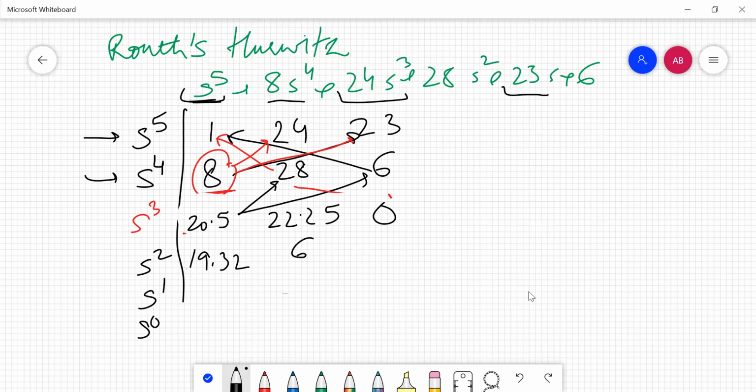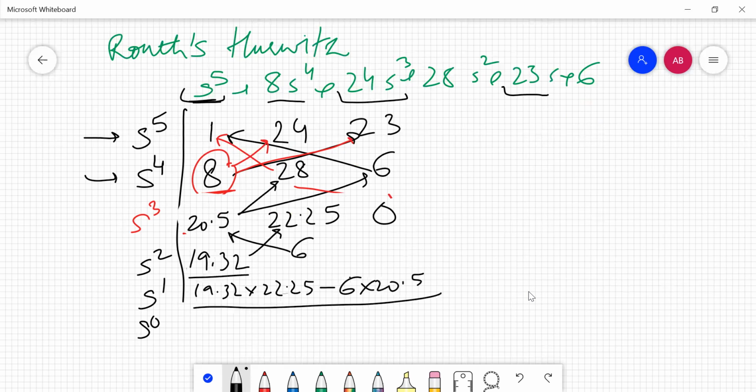So again, you need to go for your S raised to power 1. So here it will be 19.32 multiplied by 22.25 minus now 6 into 20.5, and divided by the element with which you have just started. So it will be 19.32 and the rest of the elements will be 0.